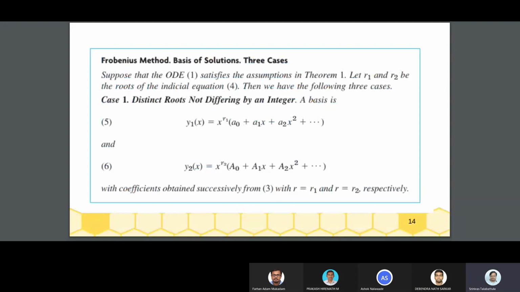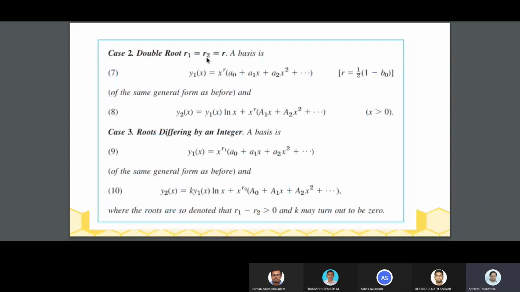So when r1 equals r2, you take the first solution as x power r times this polynomial and substitute, and finally you will get something like a logarithmic function coming. Earlier, you have seen, long ago in the first set of slides, we got x into C1 plus x into ln x into C2 when there is a double root.